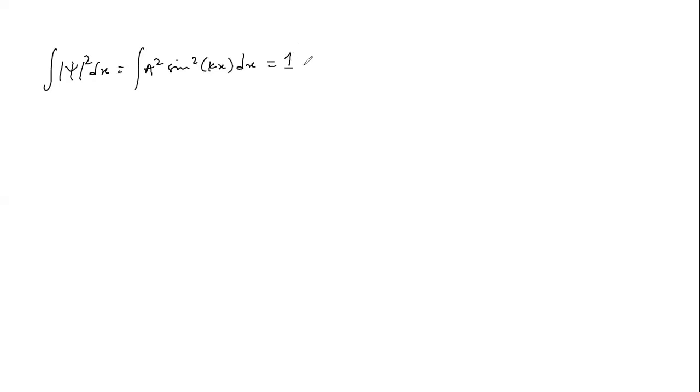You recall we resolved something like this in your signals and systems, so we just have to rewrite this using trigonometric identities. Sine squared kx plus cos squared kx is the same as 1, and cos 2kx is the same as cos squared kx minus sine squared kx.